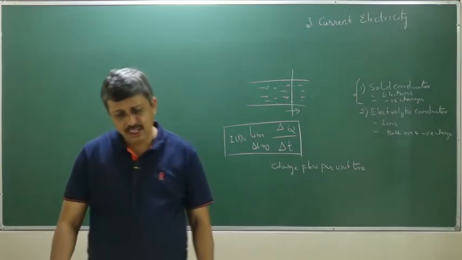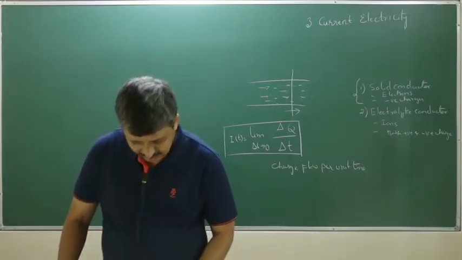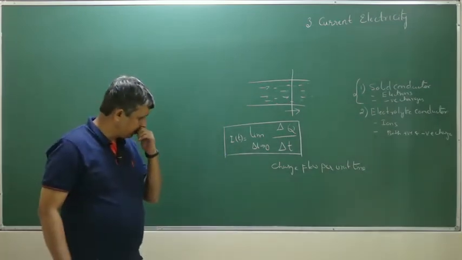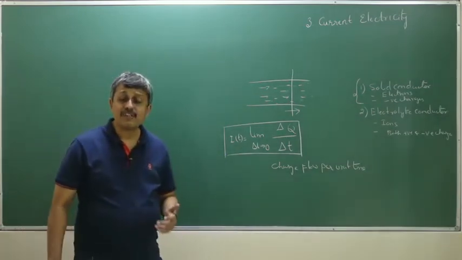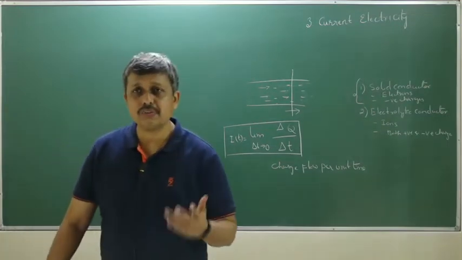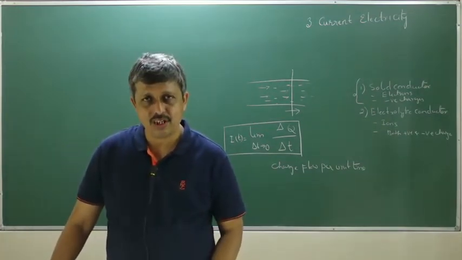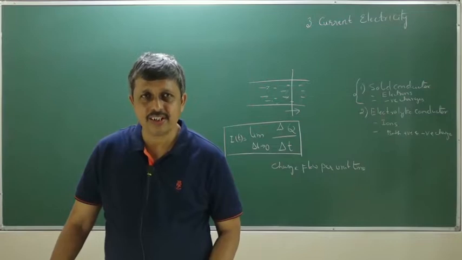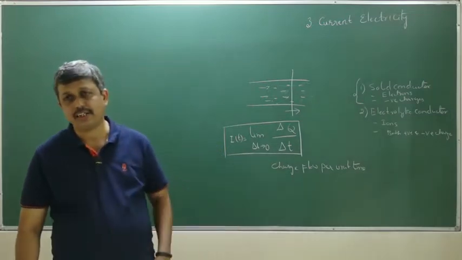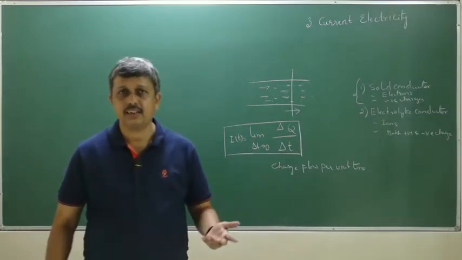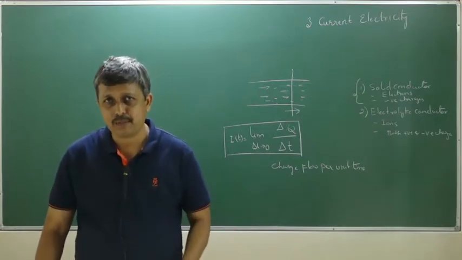Now, we have studied even in our earlier classes, the previous years, Ohm's law. Okay, Ohm's law is a very straightforward law that we discussed, and we said that suppose we apply a current with a particular amount of potential.